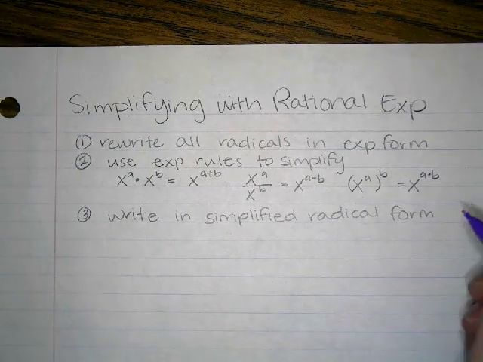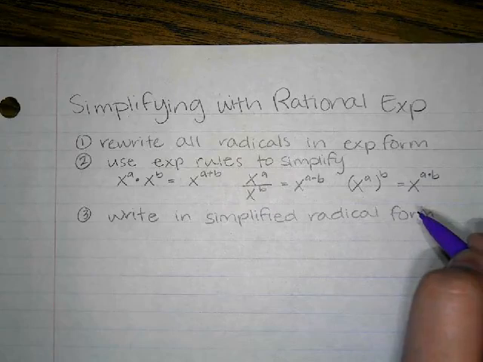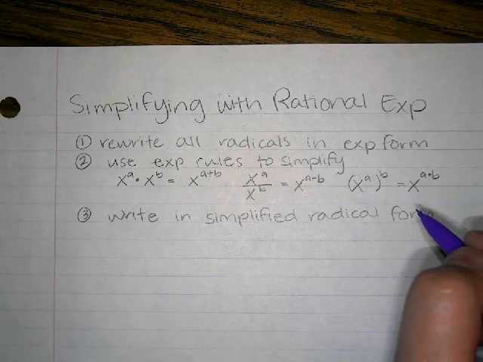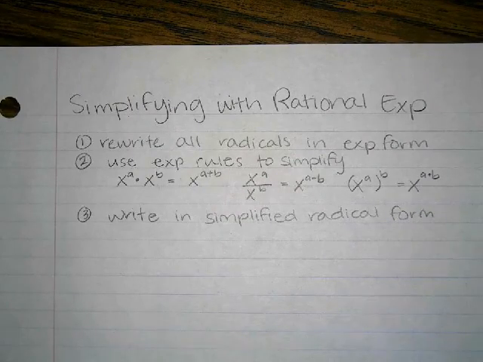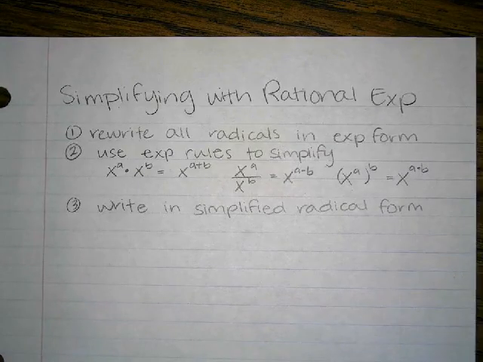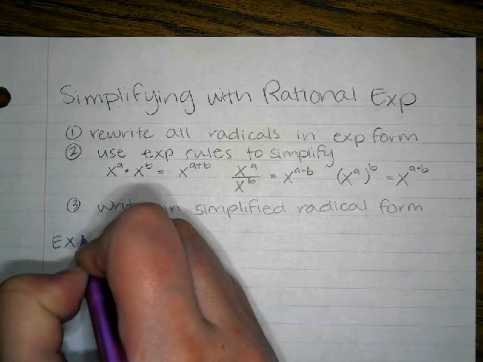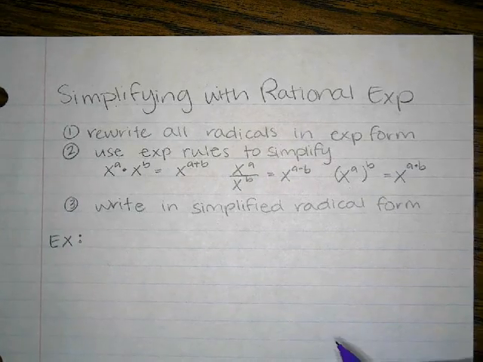So what this means is once we put it back into radical form, we might have to simplify it again. Lots of simplifying. Okay, so those are our 3 steps.